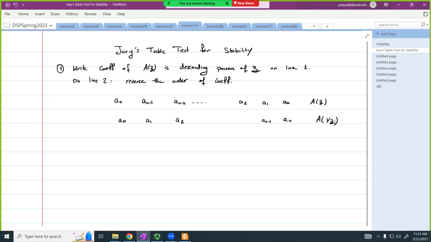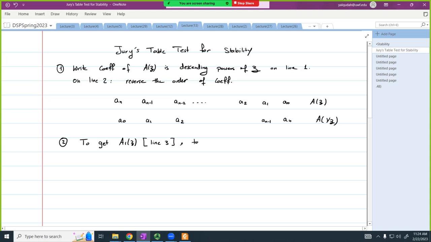The second step is we're going to calculate A1(z), which is going to be line 3.